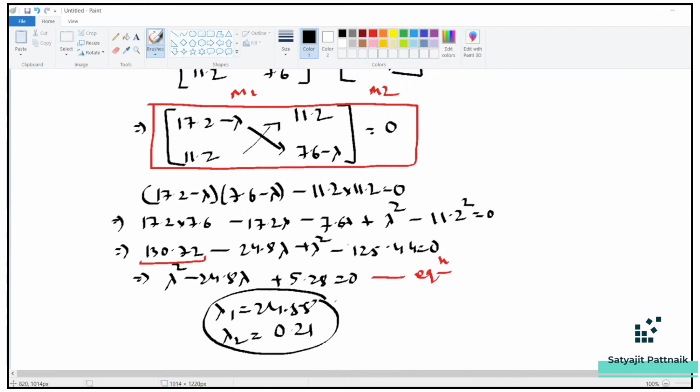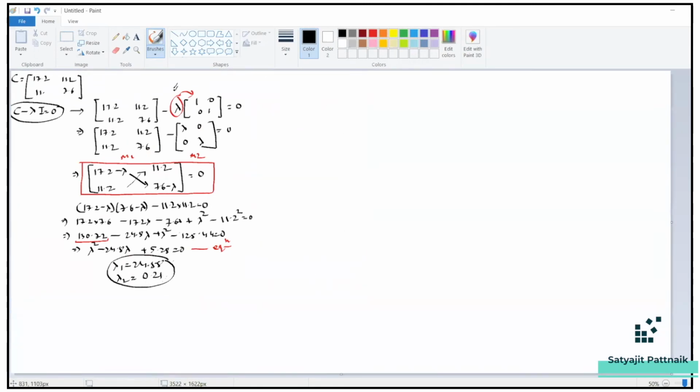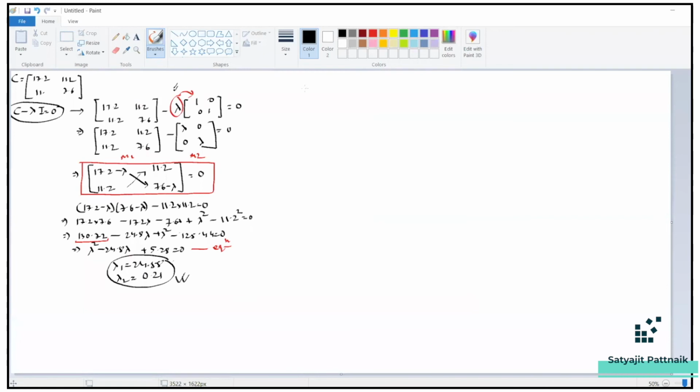Now let's go ahead and further dig into this particular problem. We have already got the lambda values. Our very next step will be, from this particular point, 17.2 minus lambda.